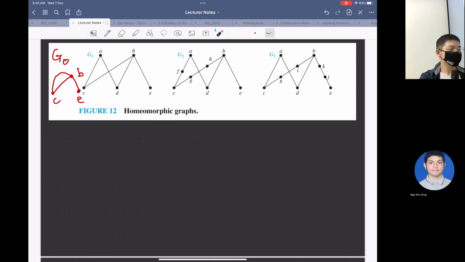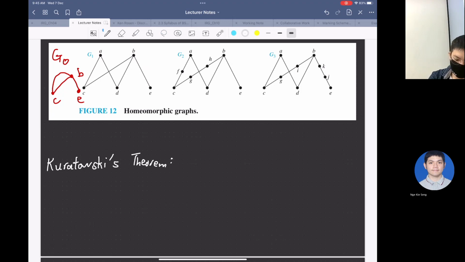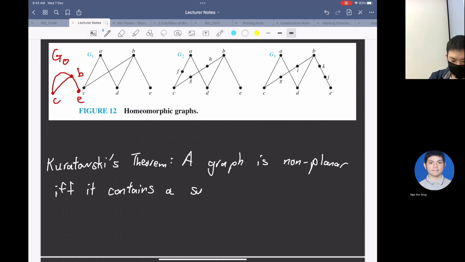Okay, so the next theorem is, I think, the most powerful theorem now. A graph is non-planar if and only if it contains a subgraph. Just now we only had if-then statements, right? Now we have if and only if.